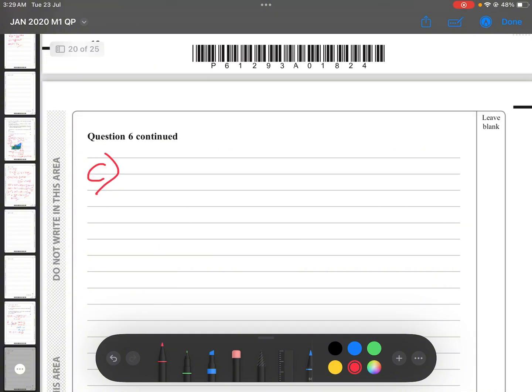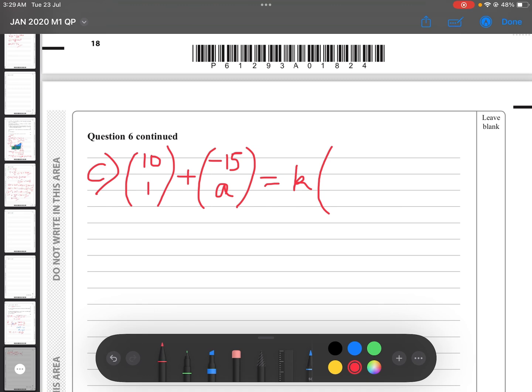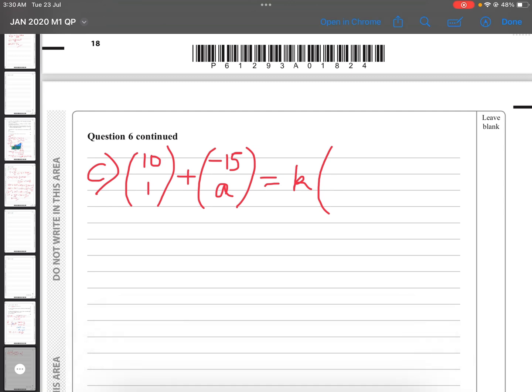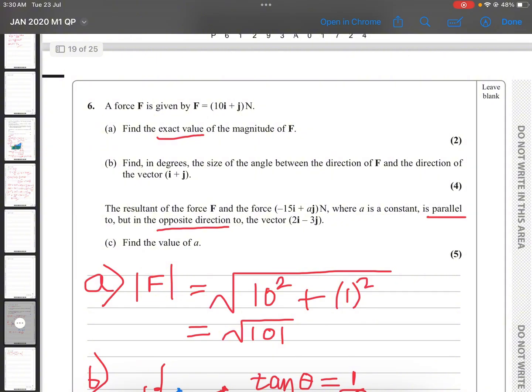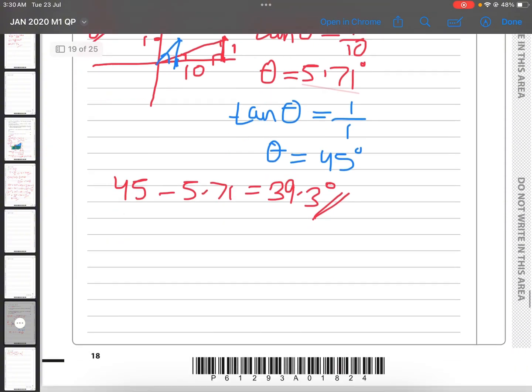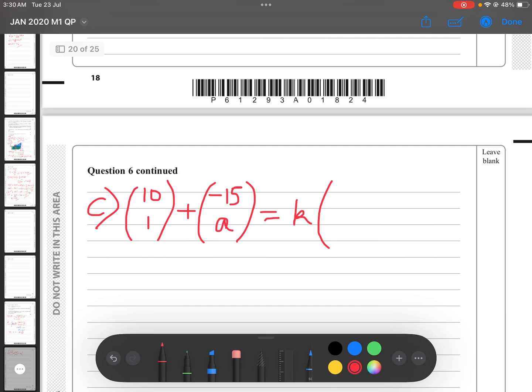Part C, in terms of column vector, 10, 1 plus minus 15, A is parallel to but in the opposite direction. When questions like this come out, they are a constant multiple of each other. So make sure to write k, and then it is parallel to but in the opposite direction to the vector 2i minus 3j, but as it is in opposite direction, their signs are going to reverse.